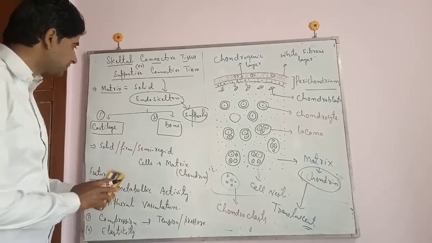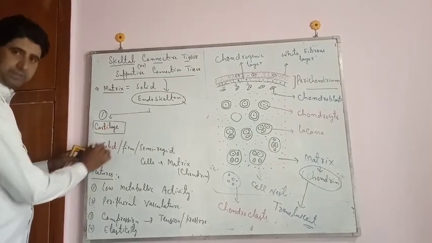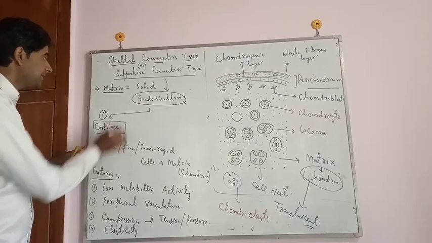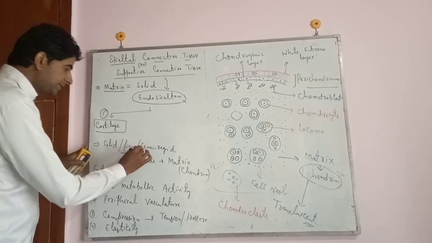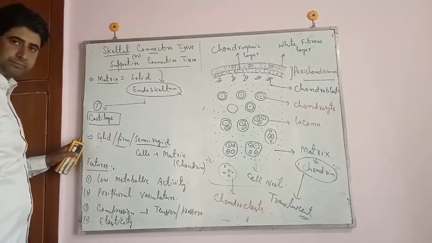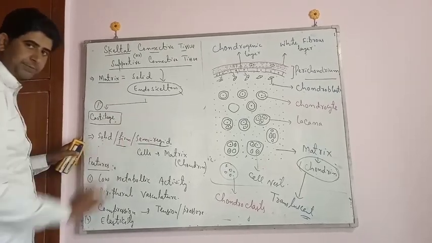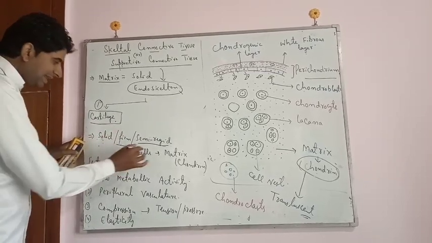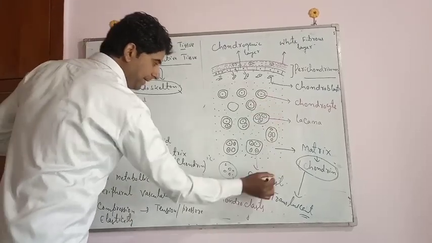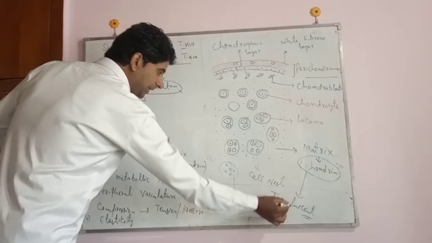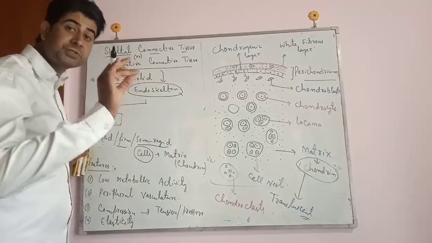So now let us study first of all the cartilage. So cartilage is solid. It gets solid because the matrix is solid, as well as it is firm, but it is semi-rigid. तो यहाँ पे cartilage is solid, it is firm and semi-rigid, in which the living cells, they remain in a translucent matrix. क्योंकि यहाँ पे जो matrix होता है वो translucent होता है, not opaque or not transparent, rather it is translucent.